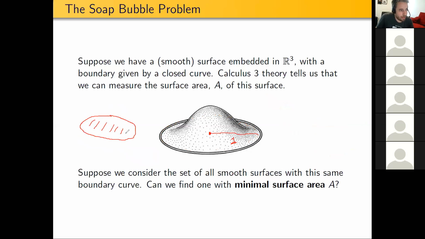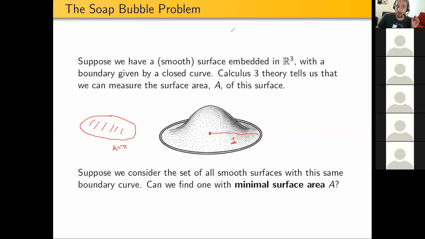So this would have area pi. So we expect that pi should be the minimal surface area, and that the actual surface that achieves this is the flat disk. And that's a very, very good assumption.